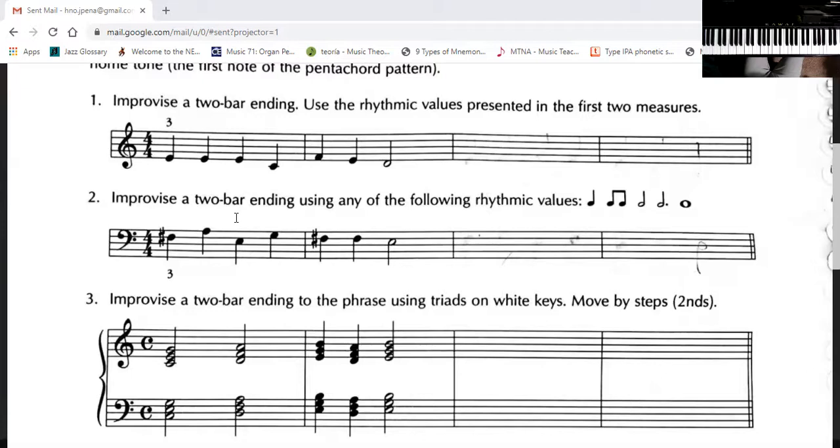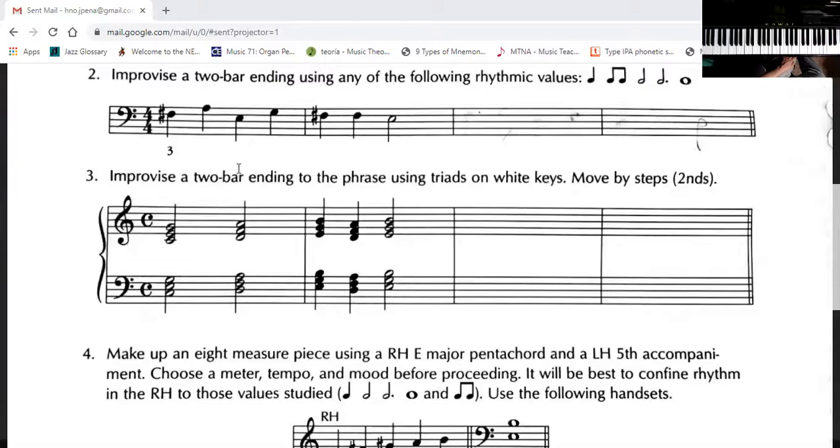Okay, so try to think about what we kept the same and what we changed. We changed a lot. And now let's go ahead. Practice that as many times as you can.